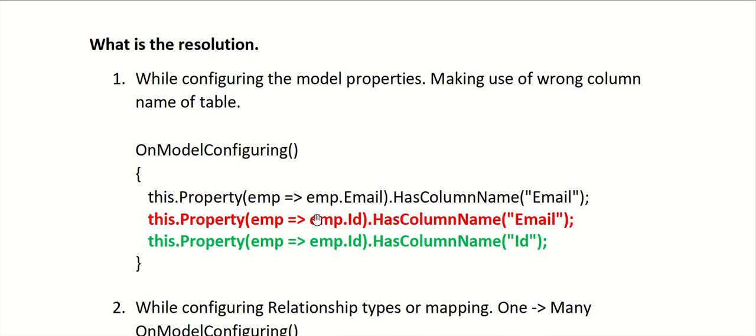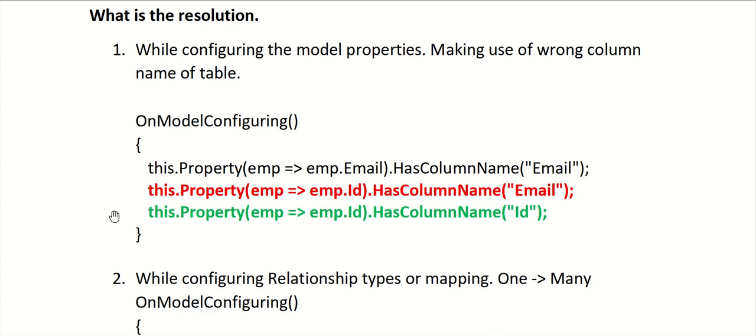For example, in your DbContext class, in OnModelCreating, due to a typo, see this property. I'm configuring this .Property where employee gives employee.Email has a column name in the database table Email, but while configuring this property, for employee gives employee.Id, you mistakenly provided some other database column name.